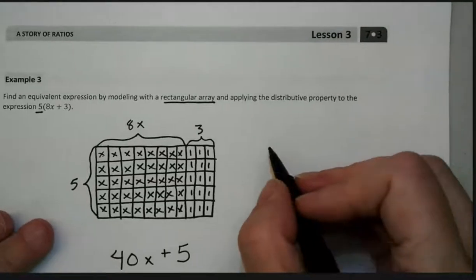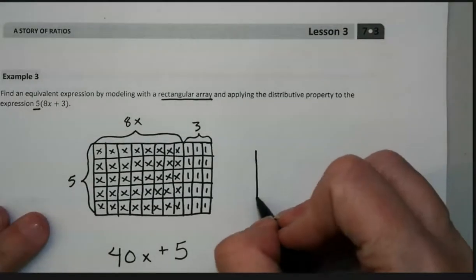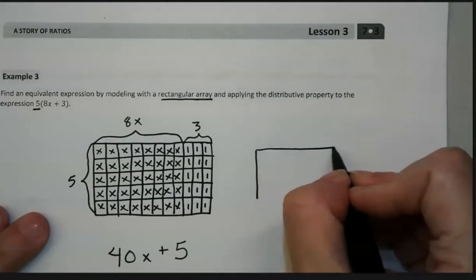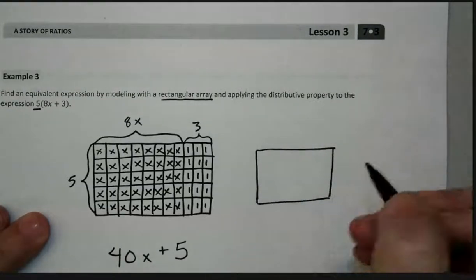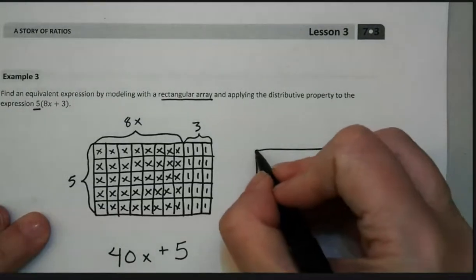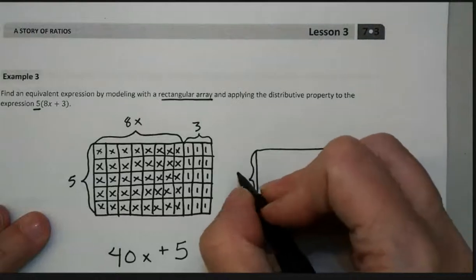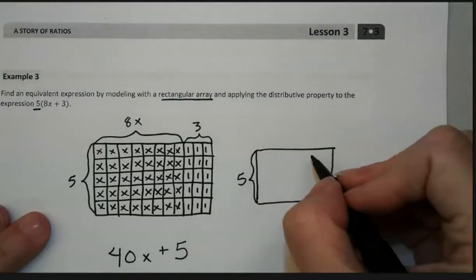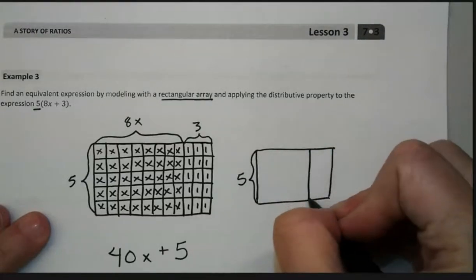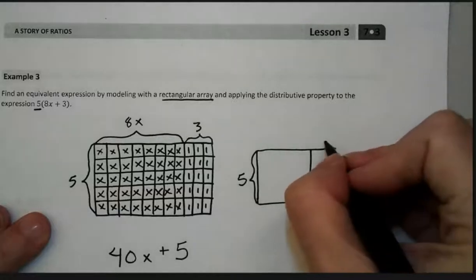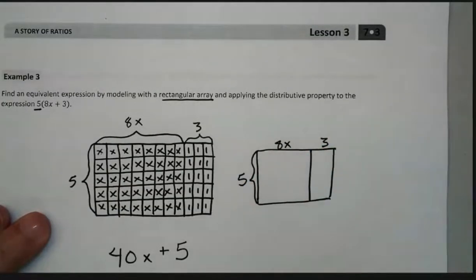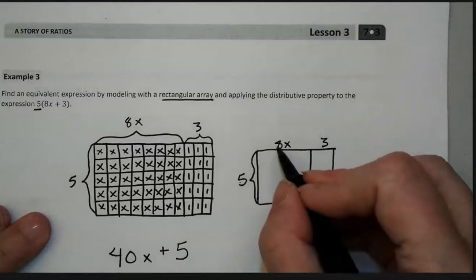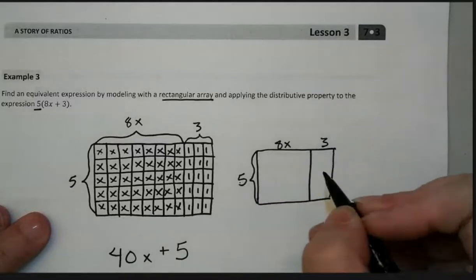I want to also draw another image next to it. Rectangular arrays do not have to be quite so complex. Most of the time when I'm doing a rectangular array like this, I'm just going to write my 5 over here, draw my line here, write my 3 and my 8x here, and then I'm going to say 5 times 8 is 40 x's.